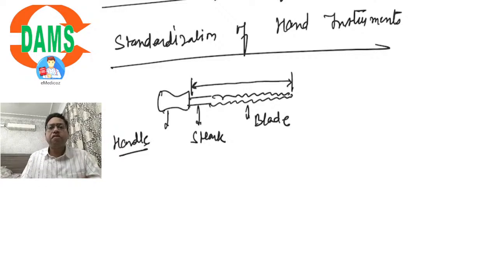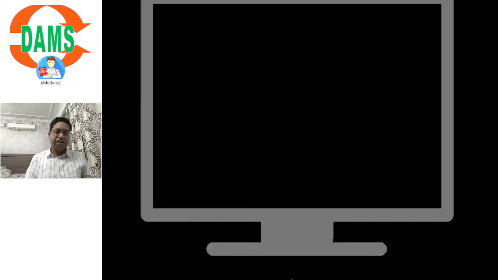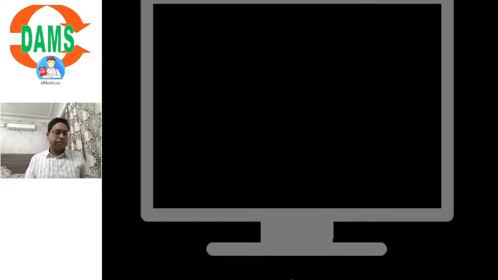So whenever we designate the length of a particular endodontic instrument, we exclude the handle and only the shank and the blade are counted for the length. 21, 25, and 31 millimeters.